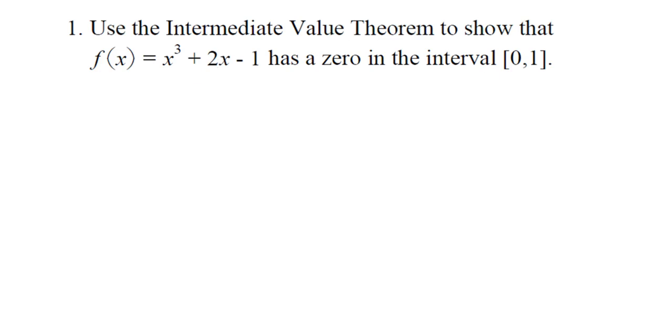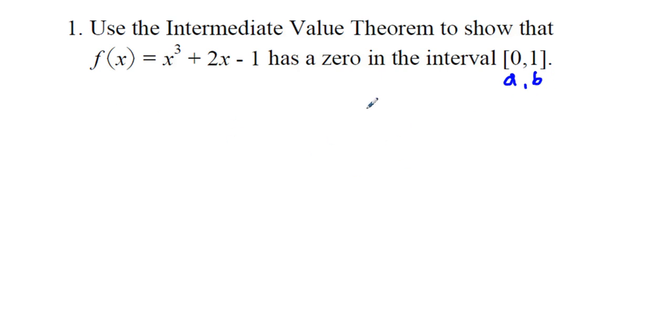Problem 1: Use the Intermediate Value Theorem to show that f of x equals x cubed plus 2x minus 1 has a zero in the interval 0 to 1. And so we can use a for 0, b for 1.